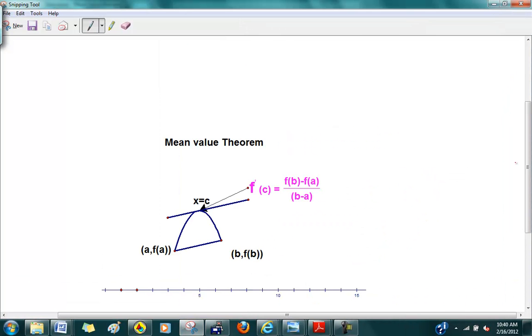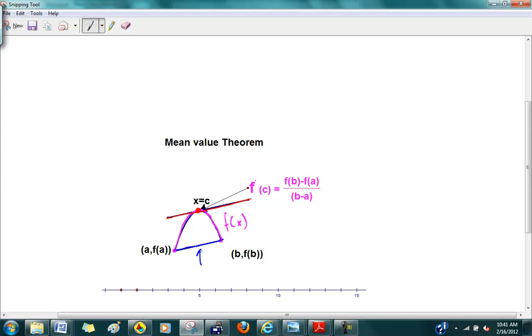What that theorem is saying is that if you've got a function f, this is your function f, then the mean value theorem for differentiation, and we're going to be doing a mean value theorem for integrals in a minute, but for derivatives the theorem is saying that if you've got a function like that and you've got 2 points on that curve at x equals a and x equals b, and the function is continuous and conditions are met, that there's going to be some point on that curve x equals c such that if you were to draw a tangent line at that point, then that tangent line is going to be parallel to this secant line here.